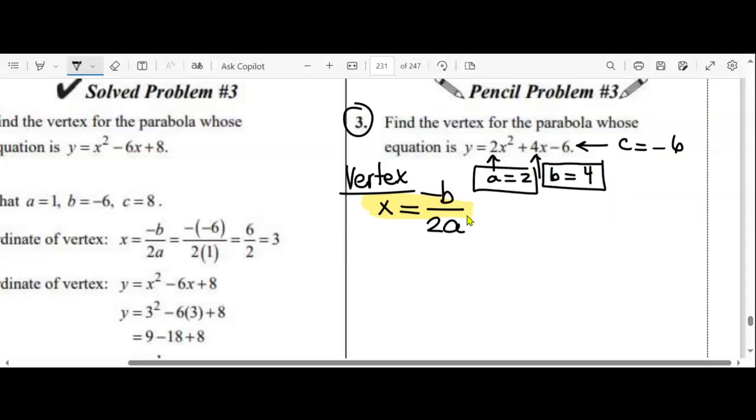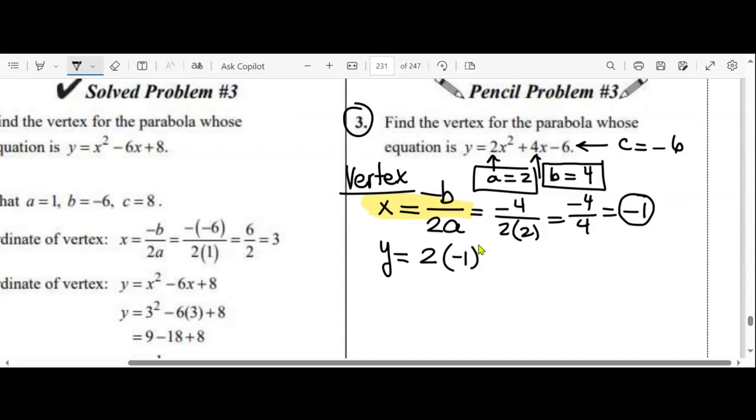So it's going to be negative 4 over 2 times 2, which is negative 4 over 4, which is negative 1. Now, this is x equal negative 1. I'm going to find how much is y. Now it's going to be 2 times negative 1 squared plus 4 times negative 1 minus 6. But what is the calculation for this?